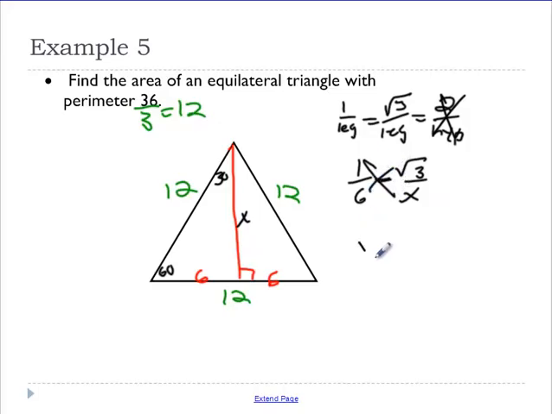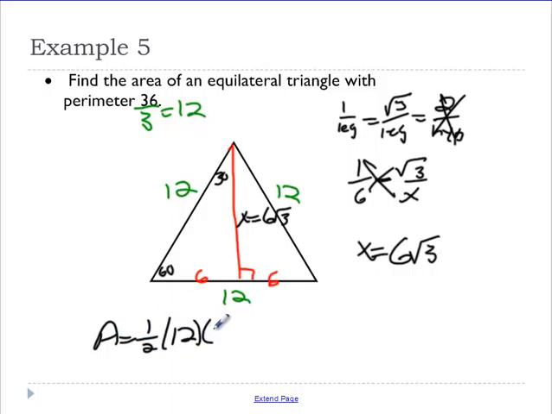When I cross multiply, x is 6 square root of 3. So I have my height, I have my base is 12, so the area of this triangle is 1/2 times the base times the height. And 1/2 times 12 times 6 is 36, and then the square root of 3 we know goes on at the end.